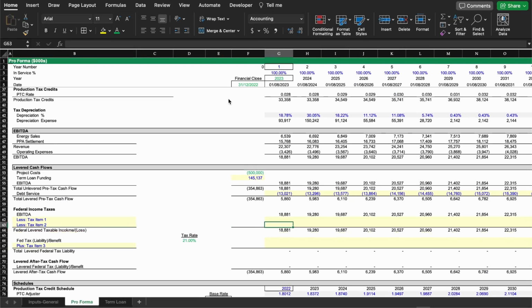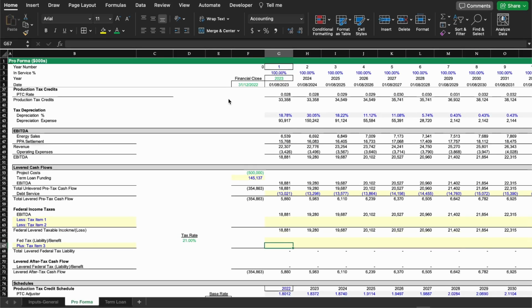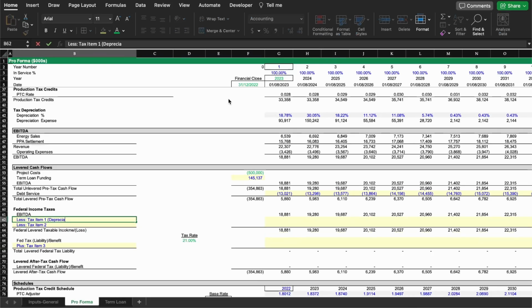Here I think, and then okay, so then we're going to have to pay our tax. Then we're going to have this thing here. Okay, so I think what we're going to have here is our depreciation, and here we should have the interest. Okay, that's what I think goes in here.